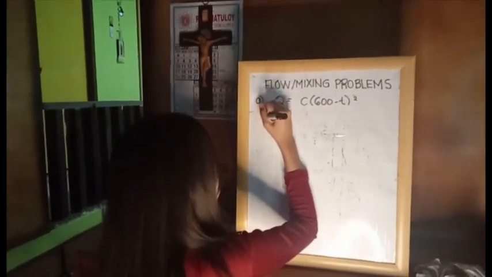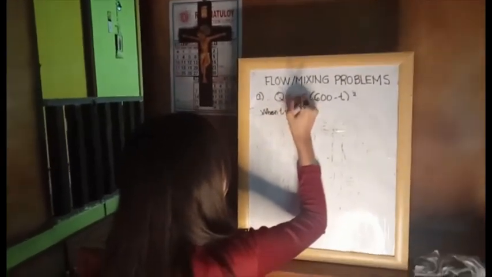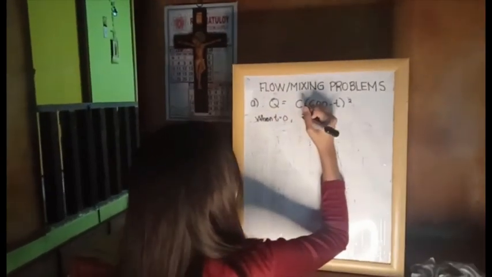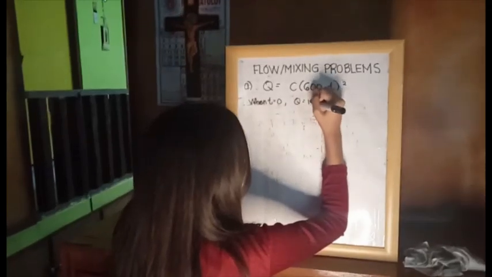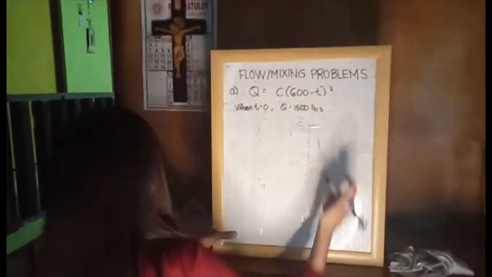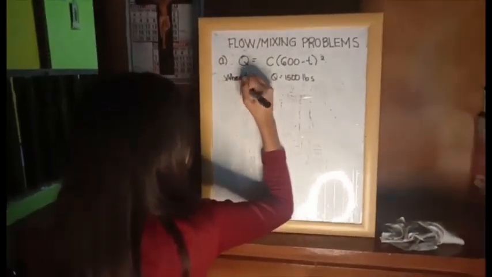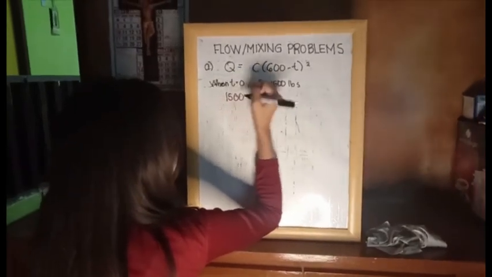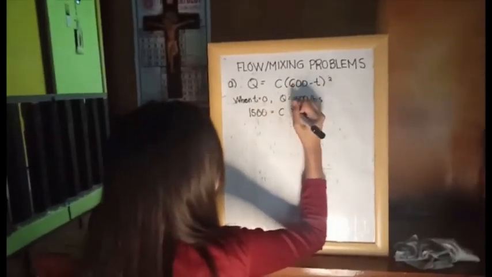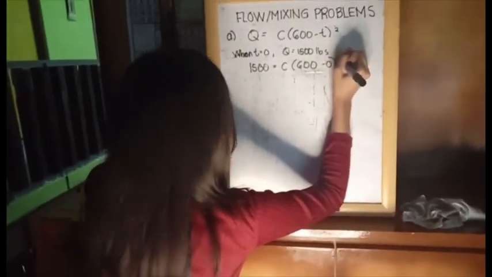When t is equal to 0, Q is 1,500 pounds, which is our initial amount, so we can compute C by substituting: 1,500 equals C times (600 minus 0) squared.